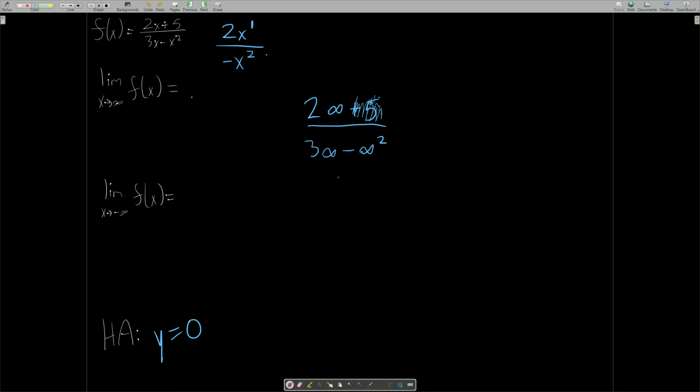My billion is going to mean absolutely nothing when compared to your billions. You have 999 million more billions than I do. And so this 3 infinity here is just insignificant. It doesn't really matter. So you can consider this as 2 infinity over negative infinity squared.